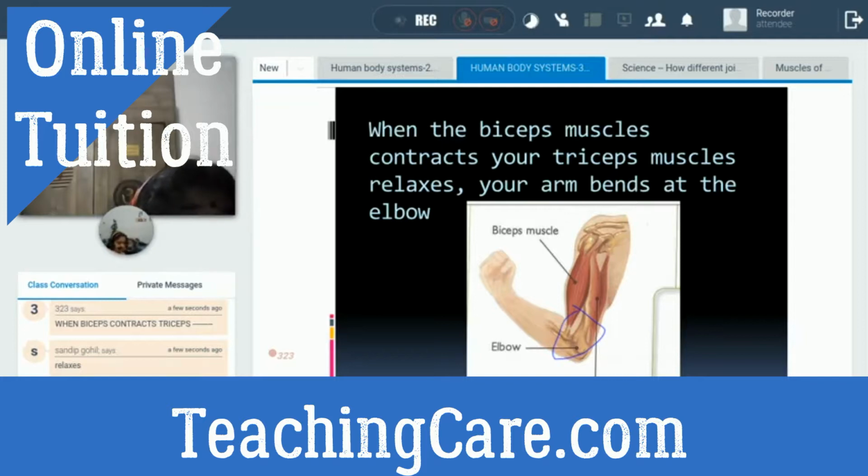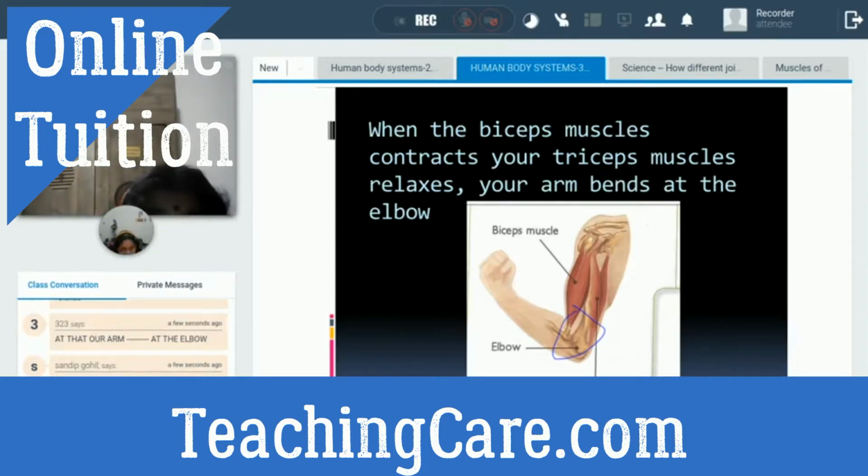At that time, our arm bends at the elbow. Right? Bends at the elbow, please. Okay.